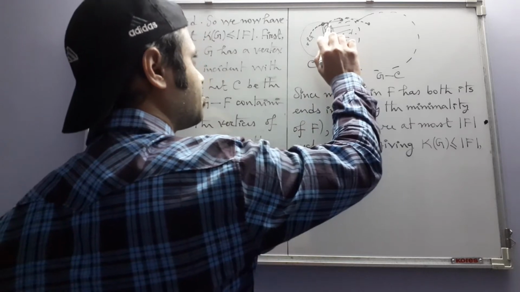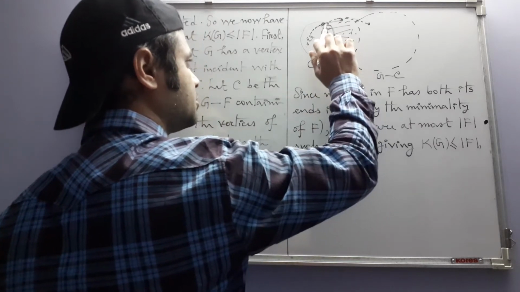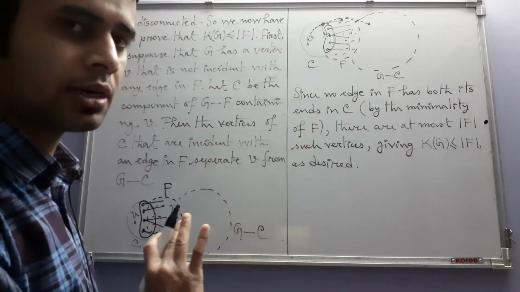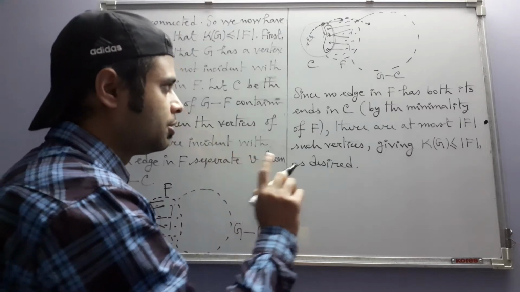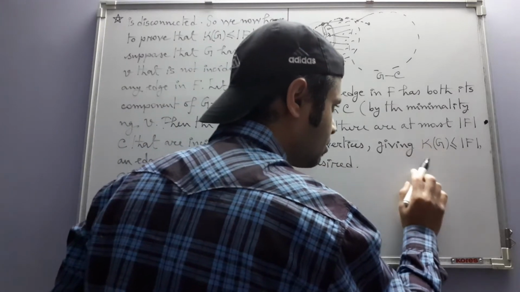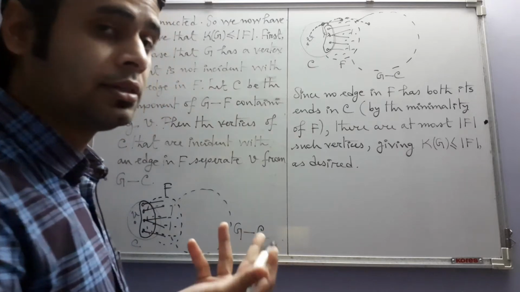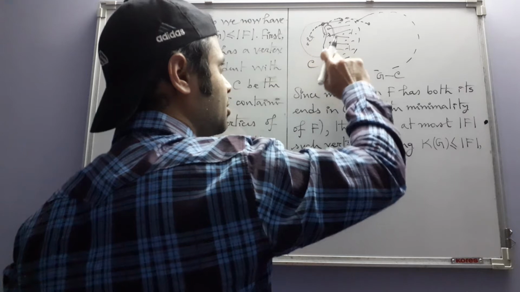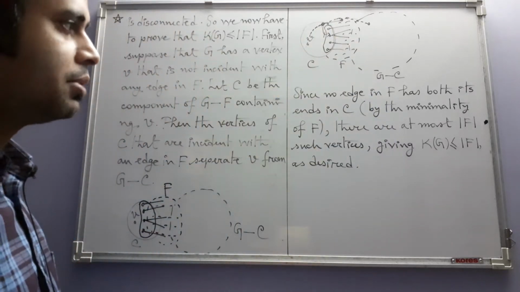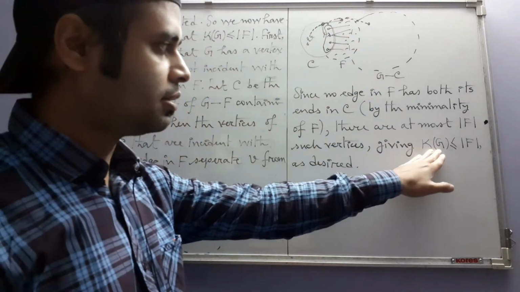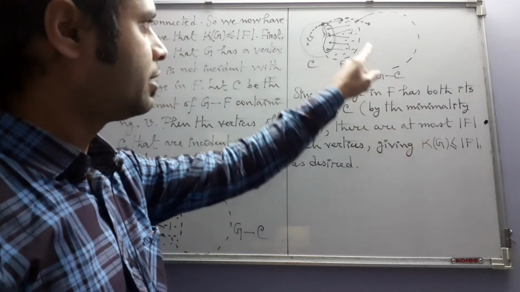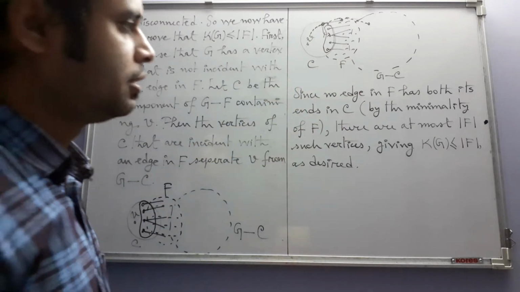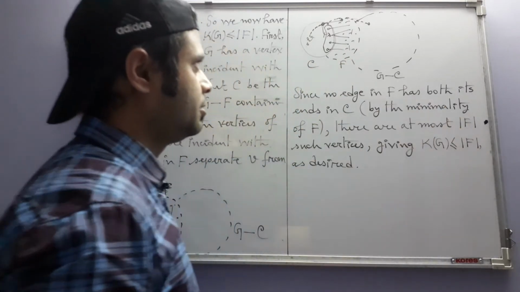We have already obtained a class of such vertices whose removal disconnects V from G minus C. That means it disconnects the graph. So by the very definition of connectivity of G and its minimality, this should be less than or equal to the number of such vertices. So that means we can estimate this kappa of G if we can estimate the number of vertices that we have here in terms of the cardinality of F.